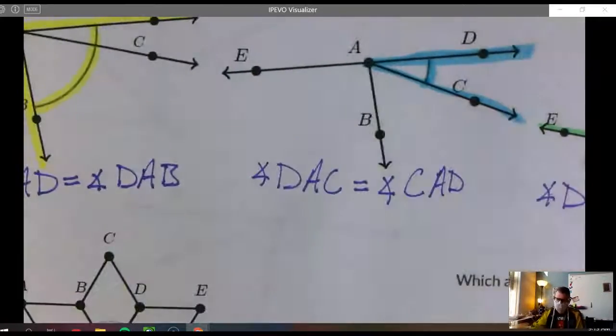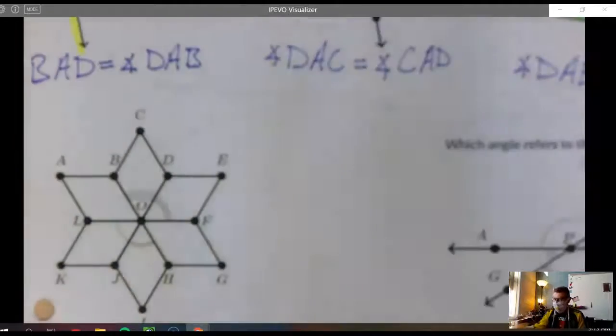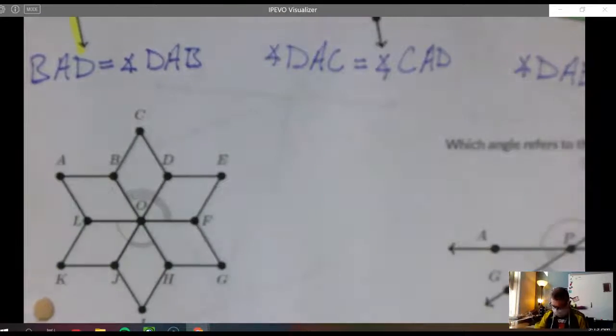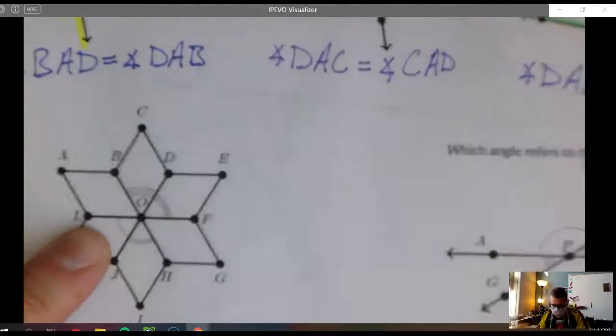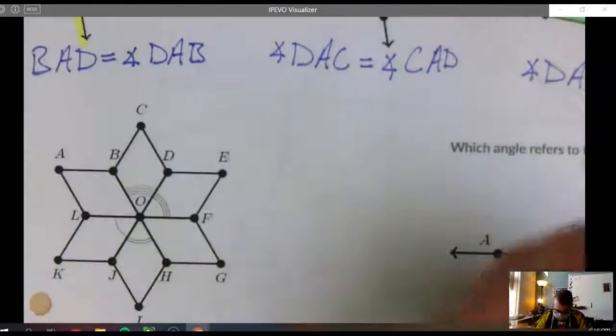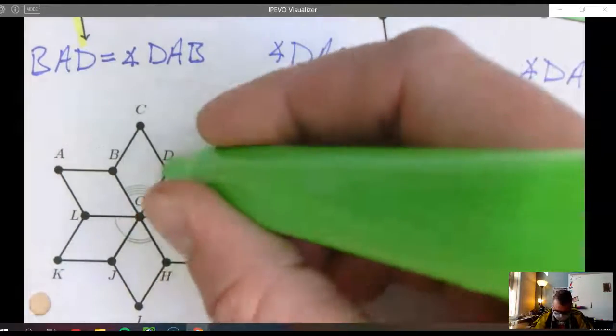Jocelyn, can you tell me how many arcs my angle DOF has in that kind of star thing? So this is 1 arc, 2 arcs, 3 arcs, and 4 arcs. Yeah, it's the one with 3, right?